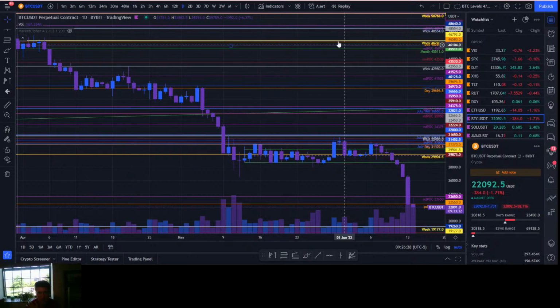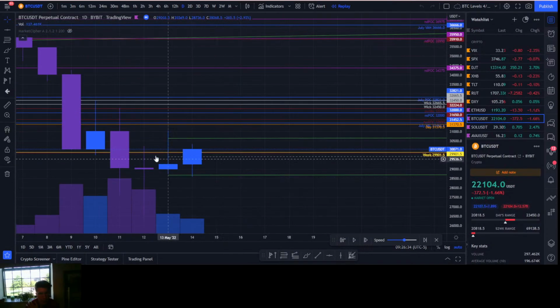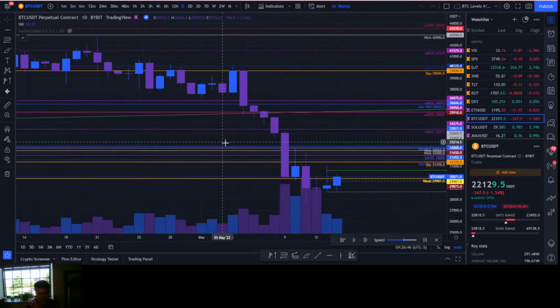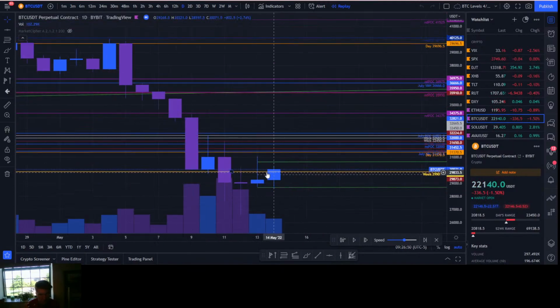So again, just looking at this, I'll go on replay mode. Typically, you want to see a micro range being formed on the daily time frame to really start trading. So I wouldn't have really traded this or attempted to counter trade the trend of this downtrend and enter long positions until this would have happened.